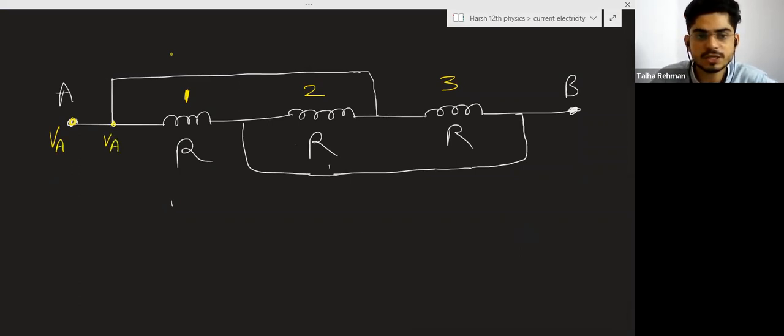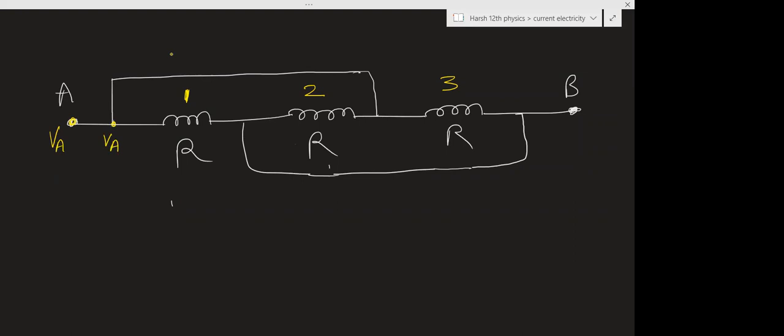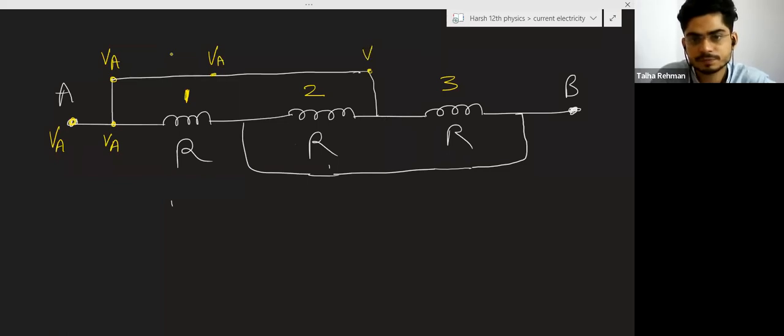Here also the potential is VA because there is no resistance in the path. And here the potential is VB, then here also the potential is VB.